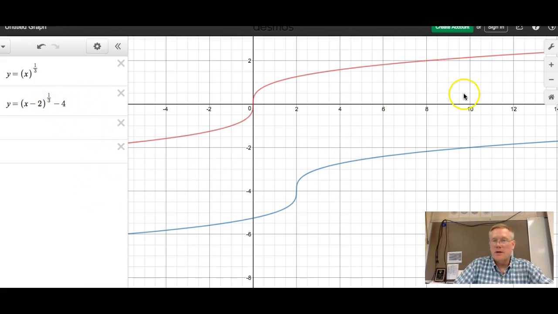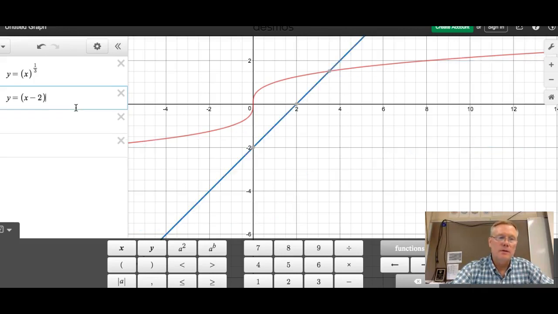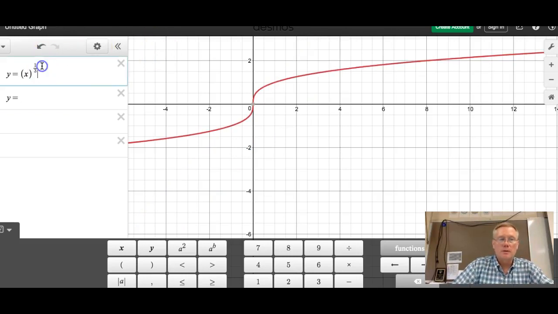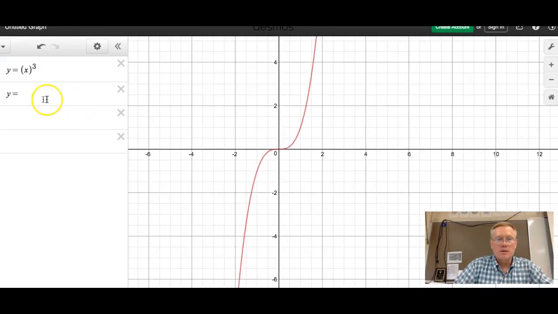Now I could do the same kind of thing. In fact, it would be an inverse function if we were to use some of the terminology that we used in class already. And this time, instead of doing a third root one, if I did an exponent of 3, that's what y equals x to the third looks like.